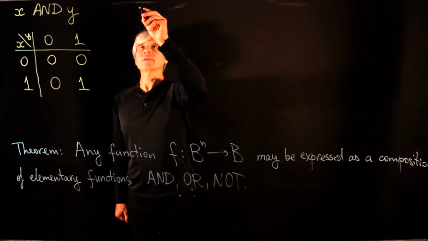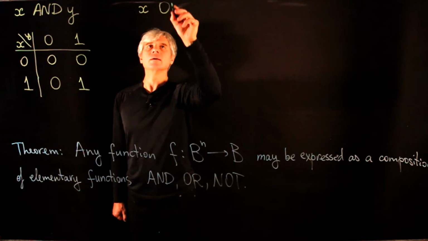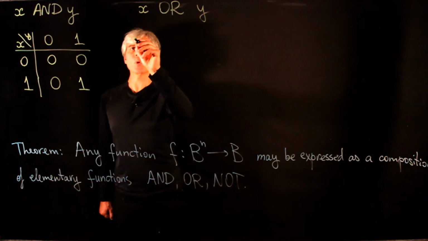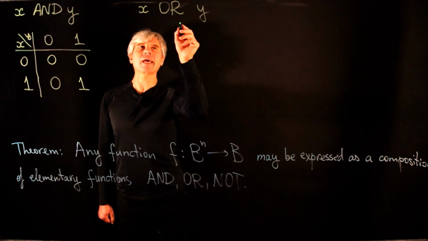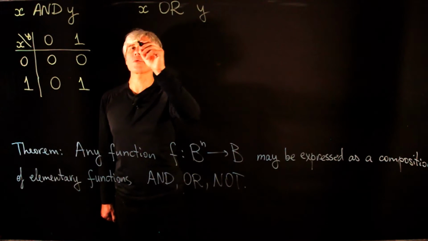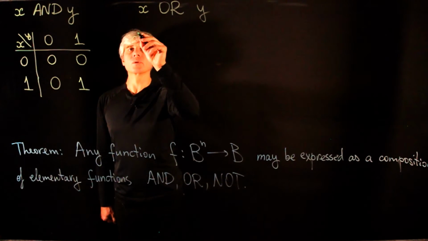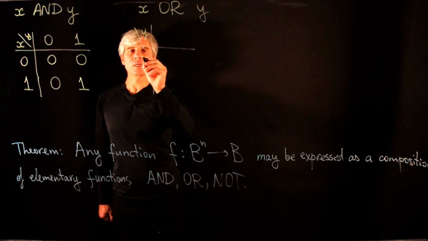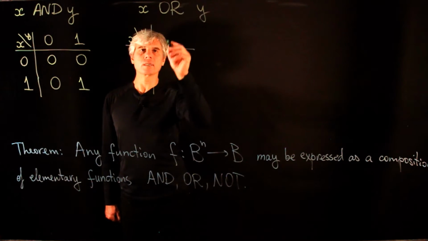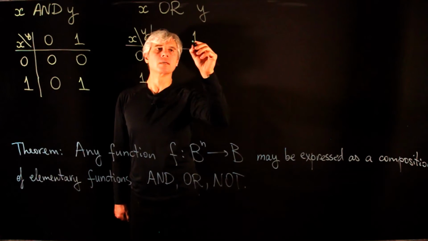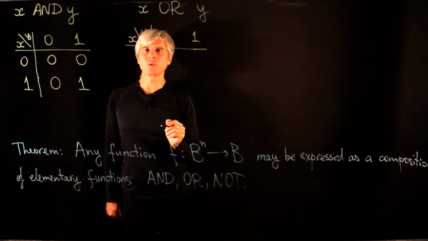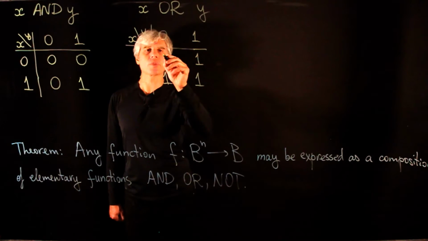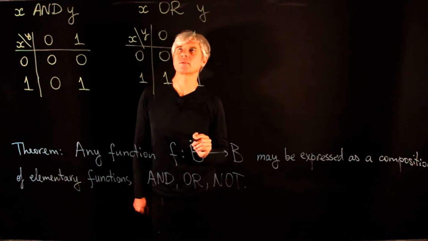So for the function x or y, this function says that either x or y or both are true. So the value table for this function is well known. So it's true everywhere except the case when both x and y are equal to 0.